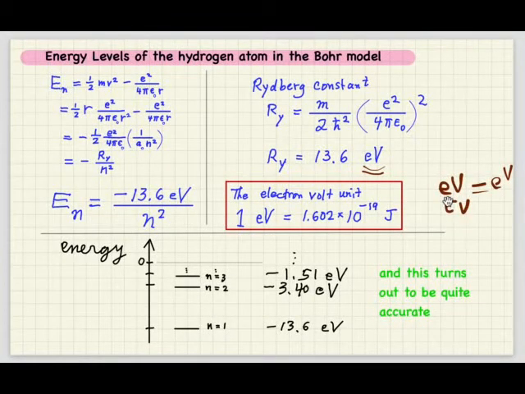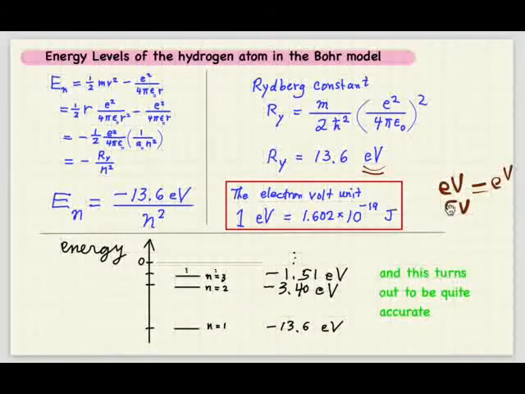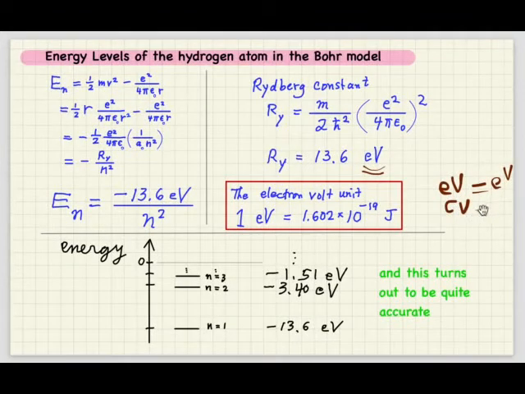To convert from electron volts to joules, because a coulomb times a volt is a joule, that's a standard unit, we just have this factor equal to the electron charge in coulombs.